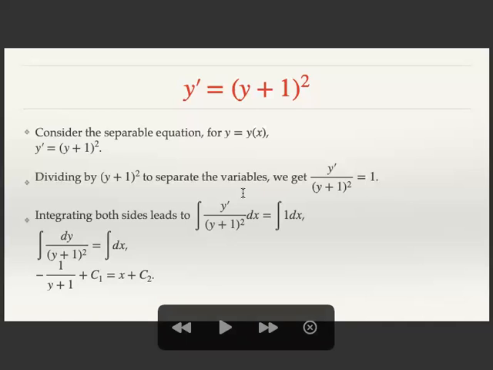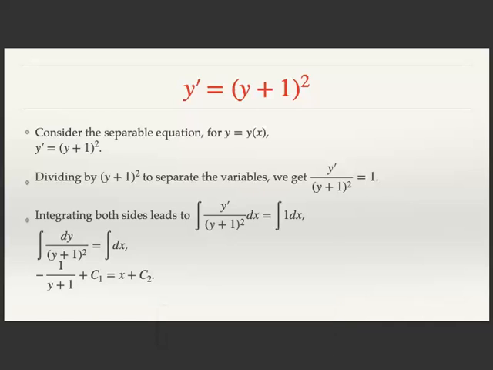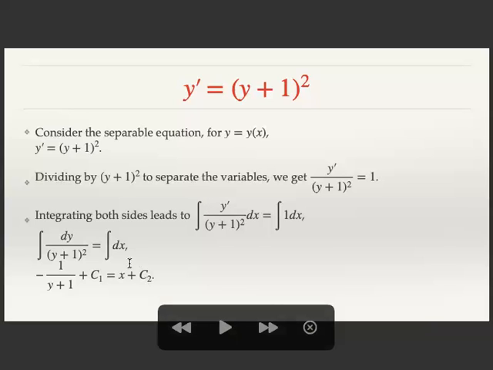So now we integrate both sides as functions of x. So we have the integral of y prime over (y plus 1) squared dx is equal to the integral of 1 dx. The integral of 1 is just x plus a constant.